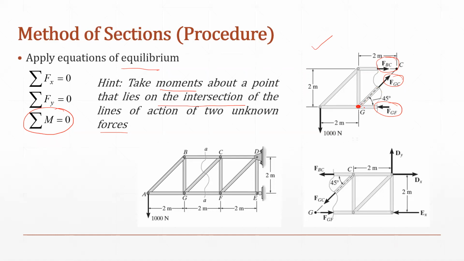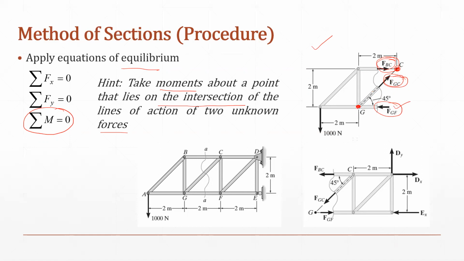Similarly, if we take moment about point C, you can see the lines of action of FBC and FGC meet at point C. So if we take moment at point C, the moment due to force FBC and the moment due to force FGC will be 0, and with this we can find the force in member FGF.